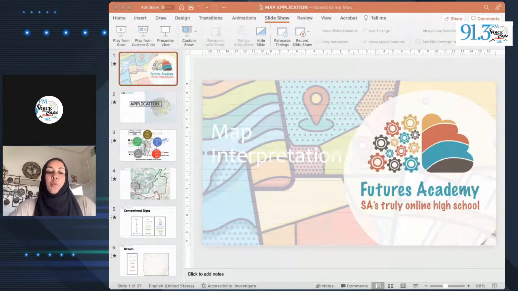The first thing that I want you to take note of, I just need to use a laser pointer, is the various relationships between certain images on the actual map. Now, what you see in the circles are what we call in GIS layers. So we'll start off with economic activities.